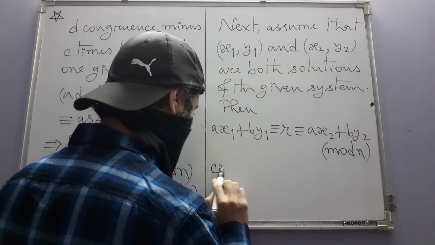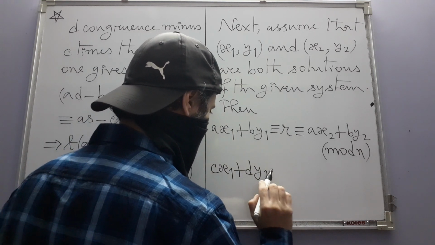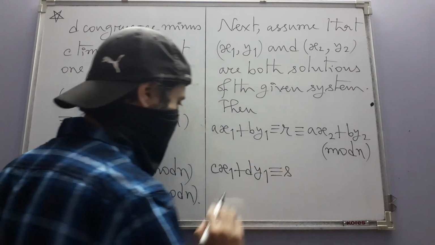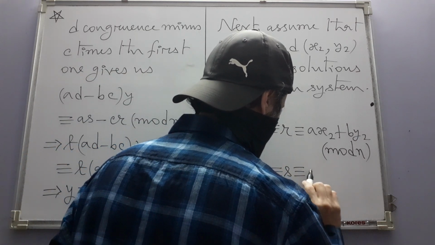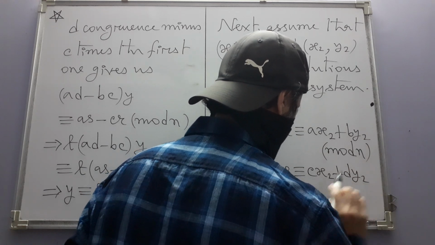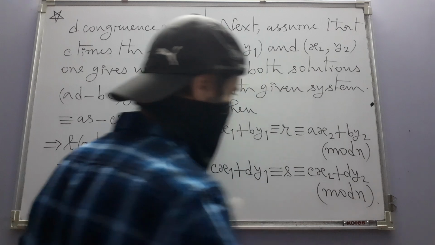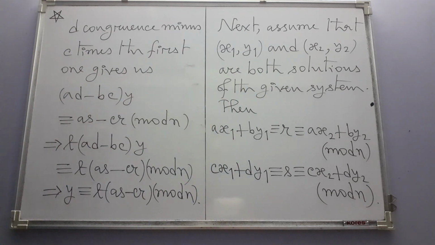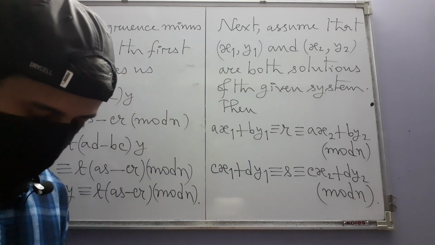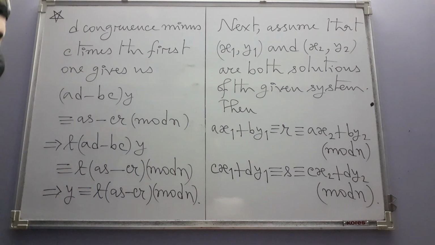Similarly, we have cx1 plus dy1 congruent to S, and at the same time cx2 plus dy2 also congruent to S mod n. Now from these congruences, if we do subtraction, then we will next get these.